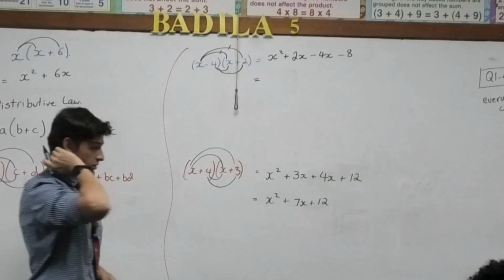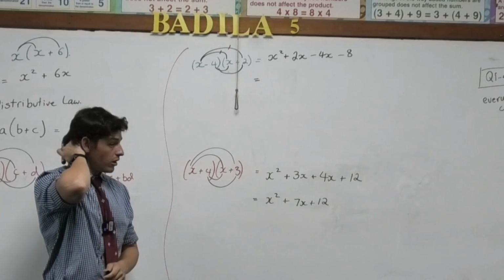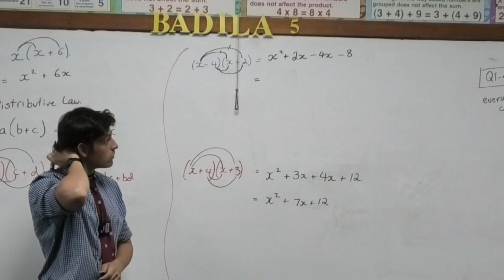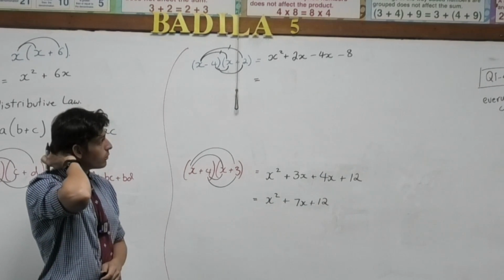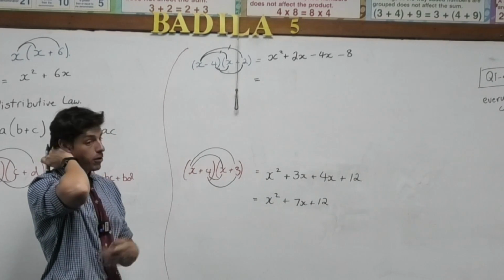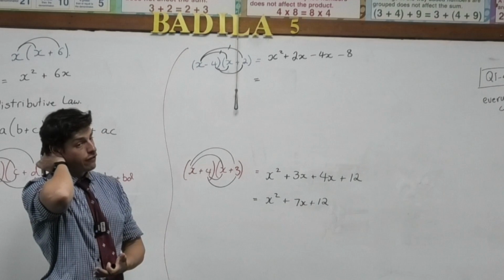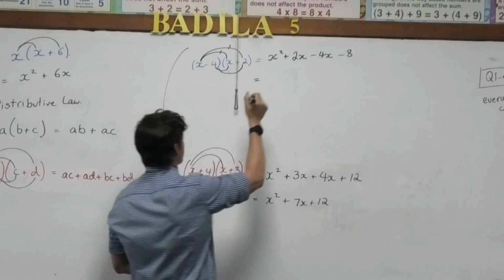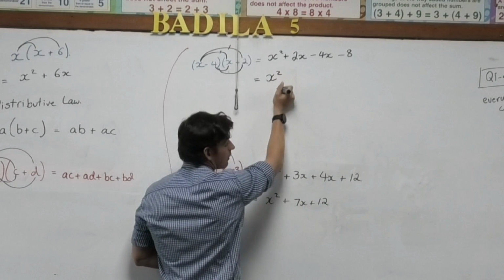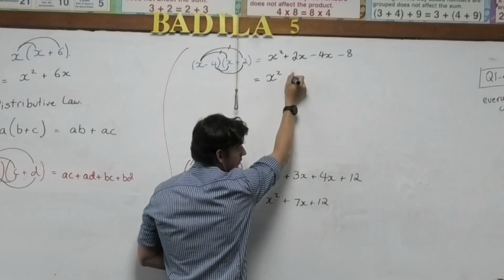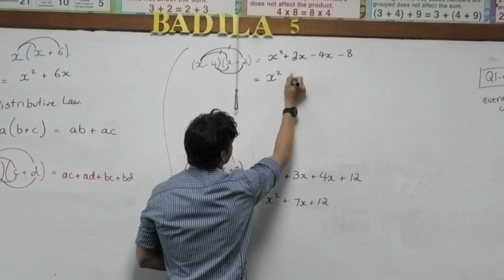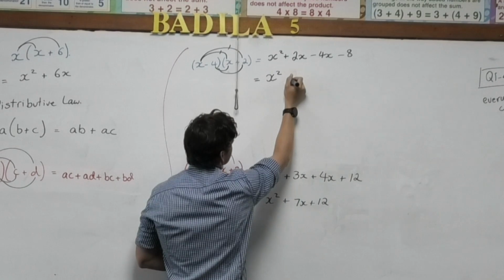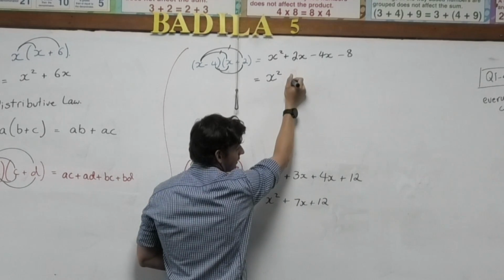So what are my like terms there? Ronan, what are my like terms? The numbers and letters, which would be x, 2 and 4. Yeah, so positive 2x and negative 4x. What do I do with those? Take them away. So I've got x squared. What do I do now, Will? Plus, did you do plus... I can't see it.